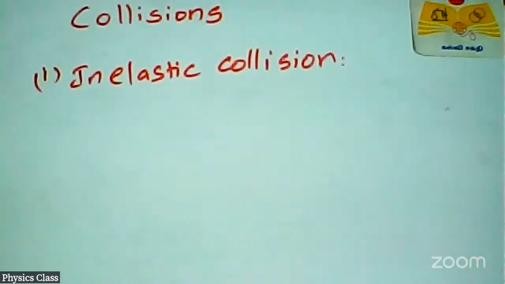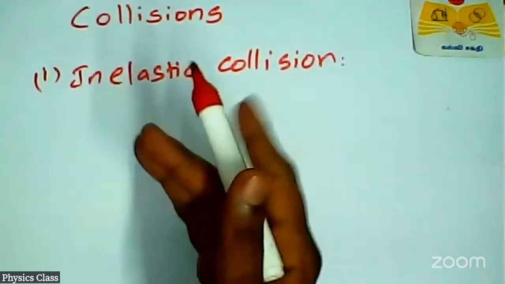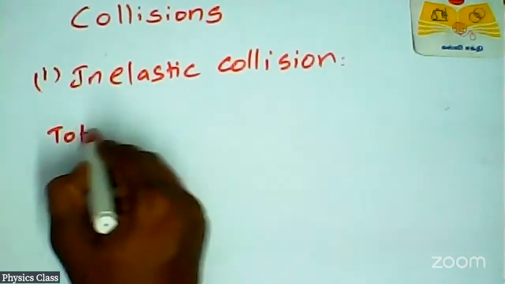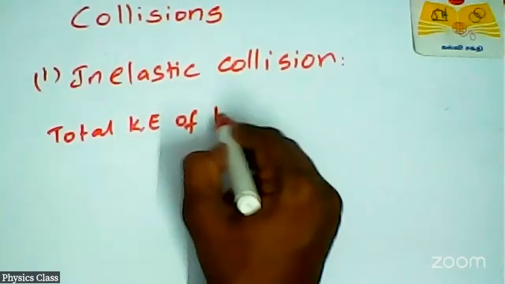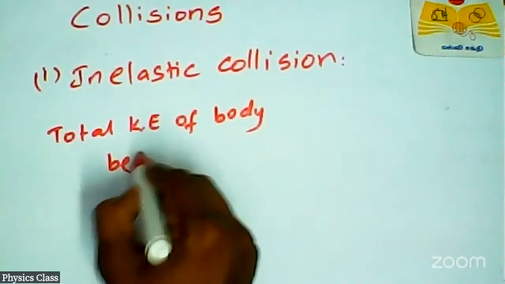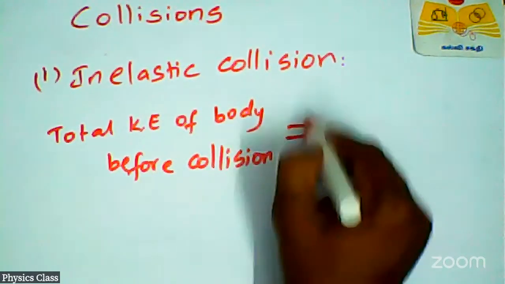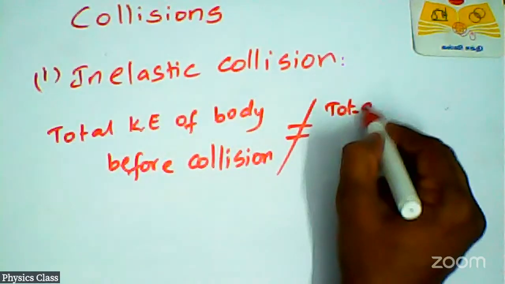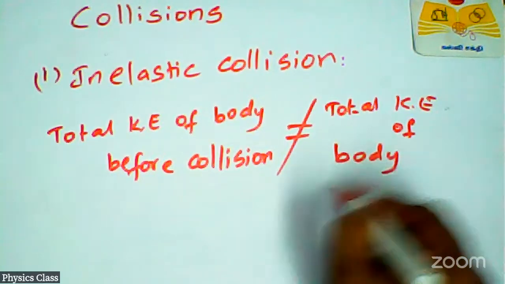Total linear momentum is always considered, but the total kinetic energy of the bodies before collision is not equal to the total kinetic energy of the bodies after collision.